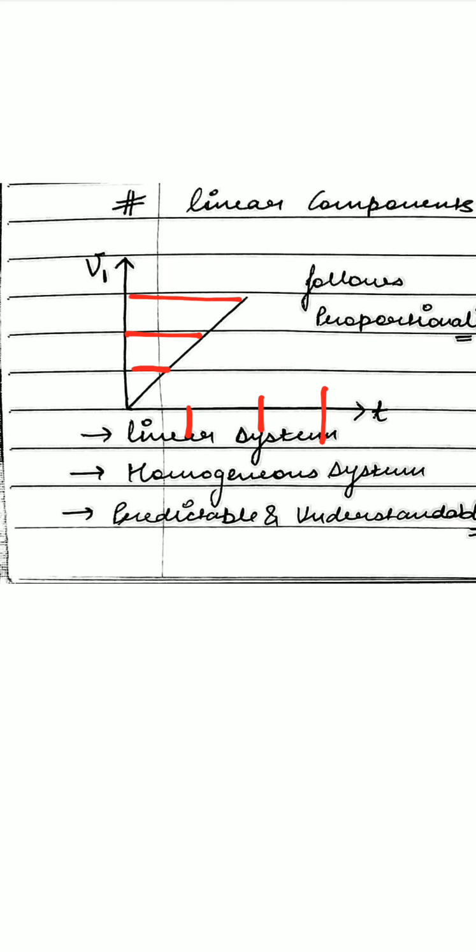So accordingly, at t equal to 4 seconds, we can say that voltage is nothing but 4 volts. So linear systems are totally predictable and understandable, their mathematical modeling is easy, and they are homogeneous systems. They obey Ohm's law, KCL, superposition theorem, etc.